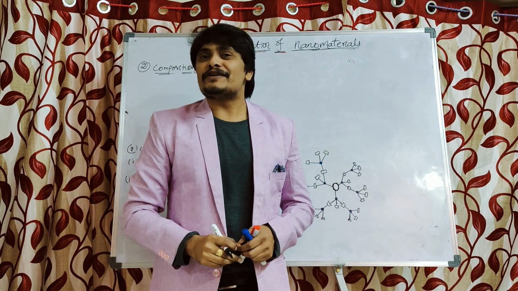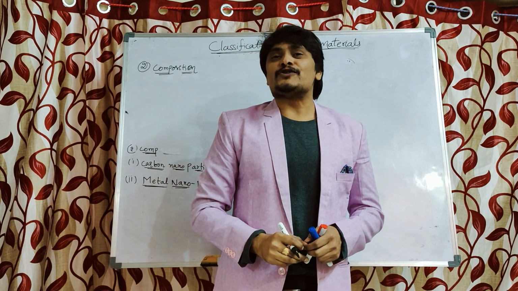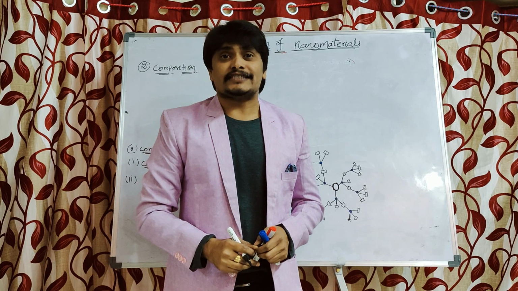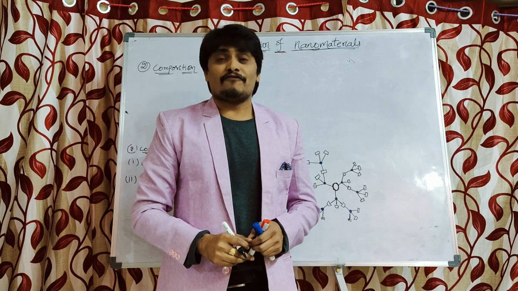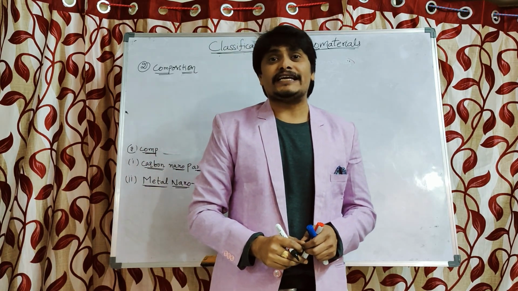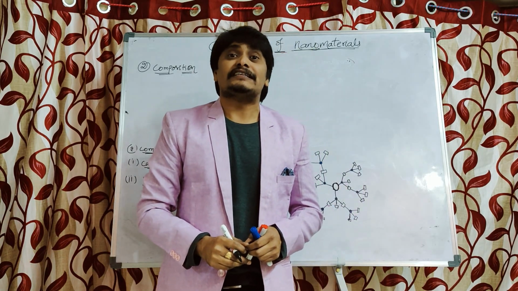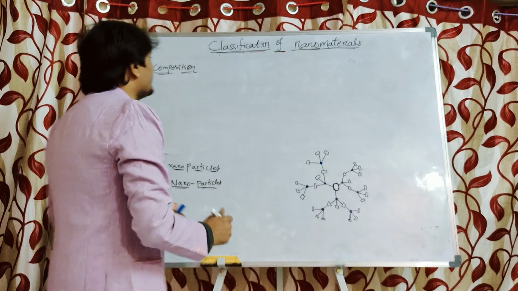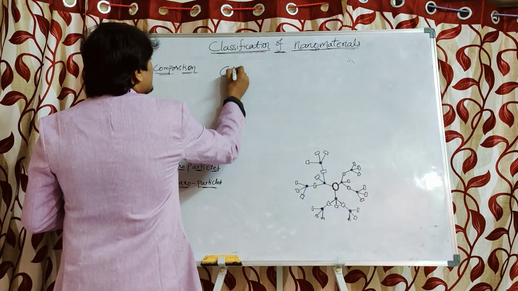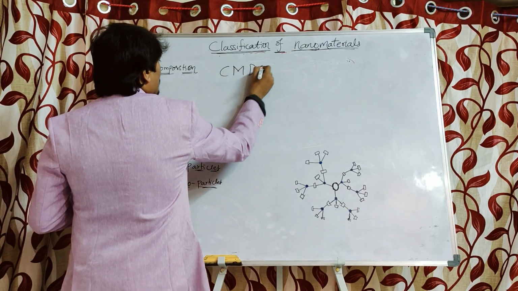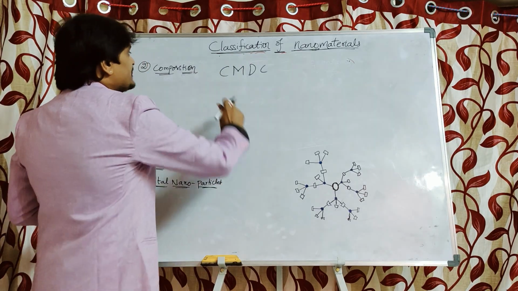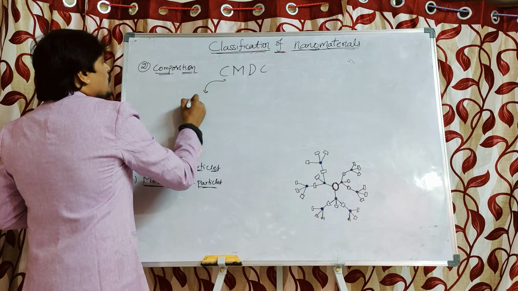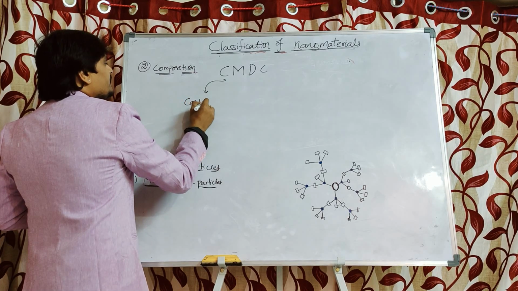Now, how to remember the CMDC? In order to remember the classes of the nanomaterials based upon the composition, I have framed one sentence for you: Chief Minister is reading the Deccan Chronicle. That is CMDC. C stands for carbon-based nanomaterials.